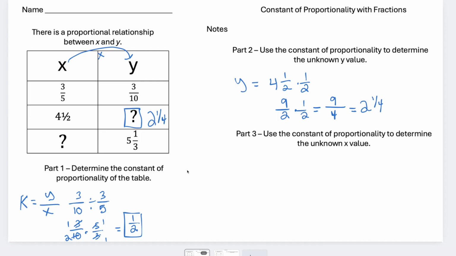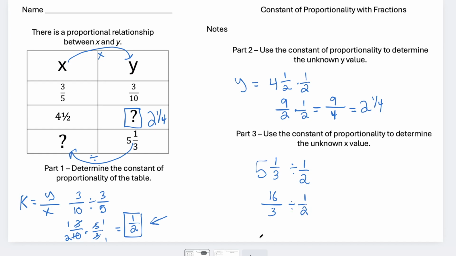Now we're going to use the k value to solve for the unknown x. This time we know that the y value is 5 1/3. When you know the y value and you're solving for x, you divide by the k value. So we need to do 5 1/3 divided by 1/2. I make 5 1/3 improper, which is 16/3. So 16/3 divided by 1/2.